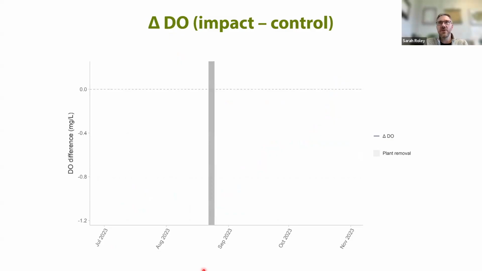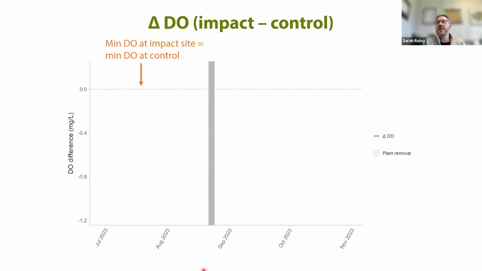What I'm going to show you is a plot of what I'm going to call a delta DO, or delta dissolved oxygen. By delta, I just mean the change. We're going to take the impact minus the control sensor. I'm going to show you how to read this chart first before I bring in the actual data.